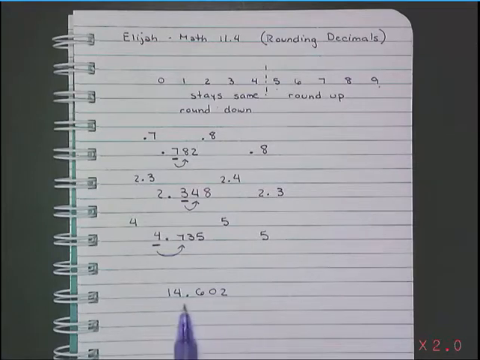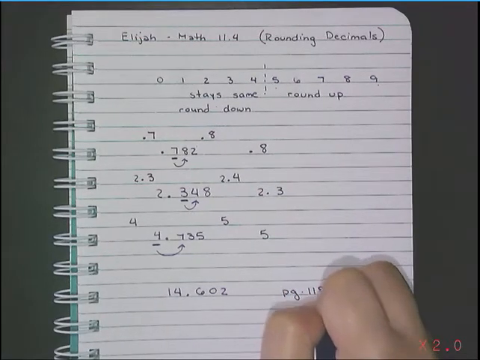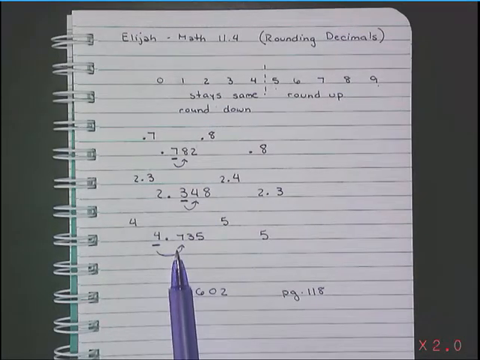That's how you're going to be able to identify those. And if you take a look at page 118 in your book, it gives you a chart that shows you those place values, which can help you with that. And then you would just round to the underlying place value, just like we've done up here.